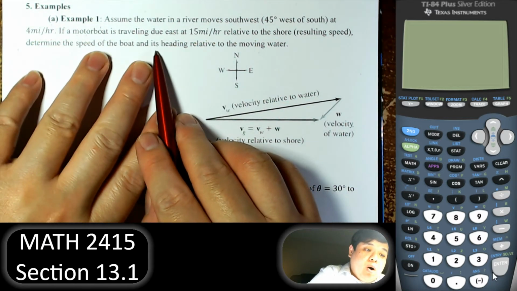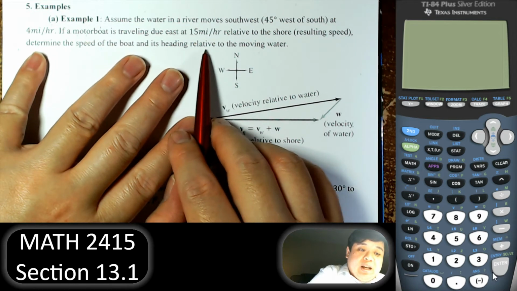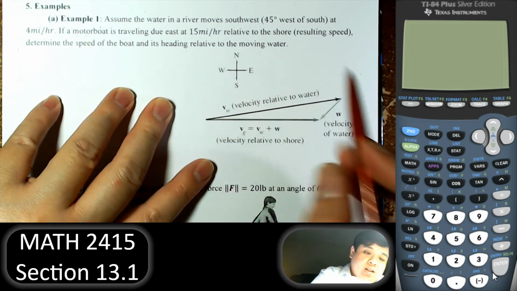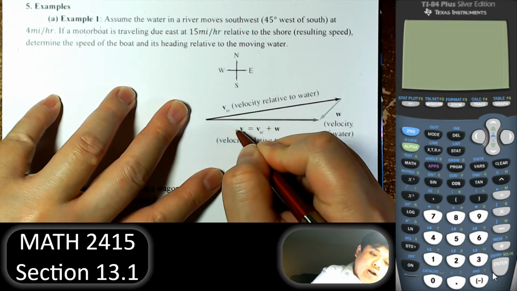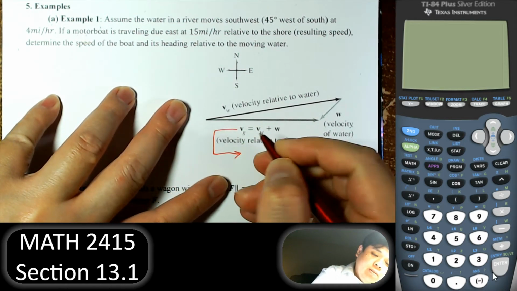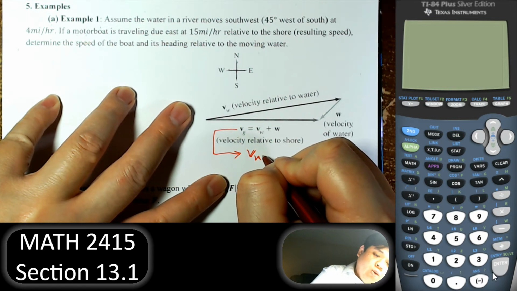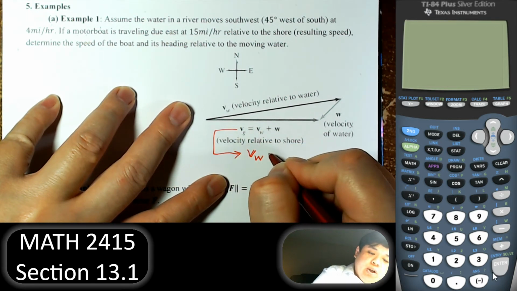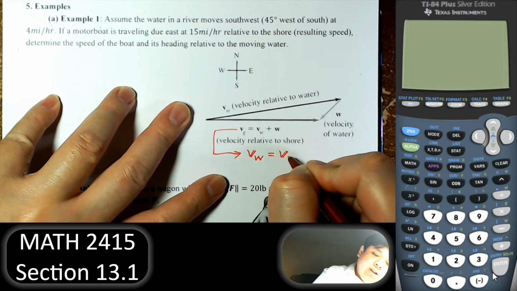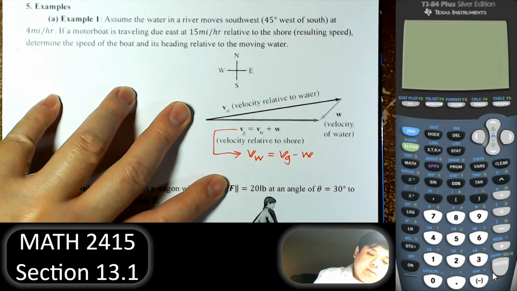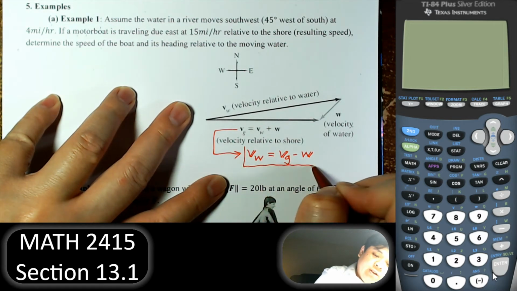Determine the speed of the boat and the direction it is heading relative to the moving water. So meaning that we want the velocity with respect to water. So we just subtract the w on the other side. Right, so that's what we have.